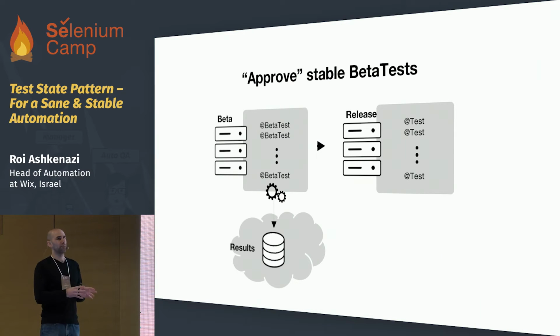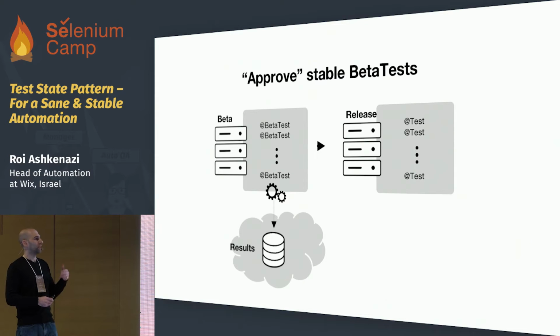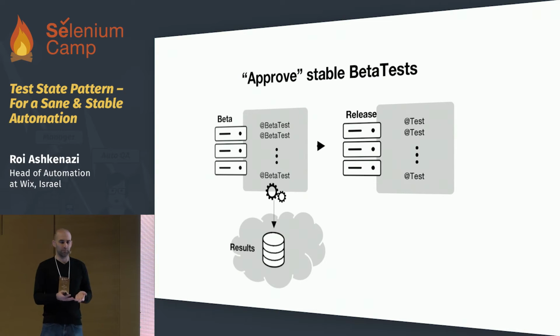But now we don't really want the beta tests to stay beta forever, of course. We want them to become stable, because until they are stable, they are not really running in production and not really giving us coverage. So we need some kind of way to approve those tests.